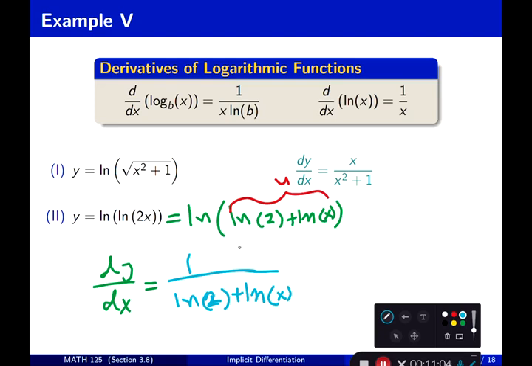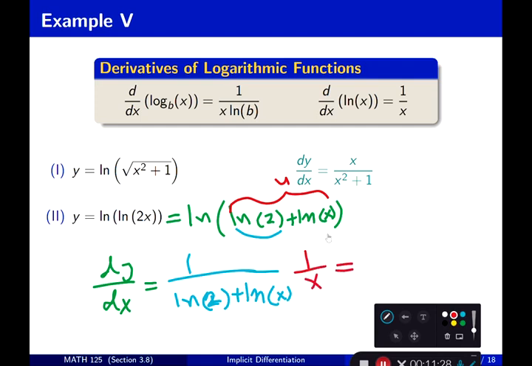When you're taking the derivative of u with respect to x, remember that natural log of 2 is a constant. So taking the derivative of a constant is going to give you a 0. Taking the derivative of natural log of x is going to give you 1 over x.